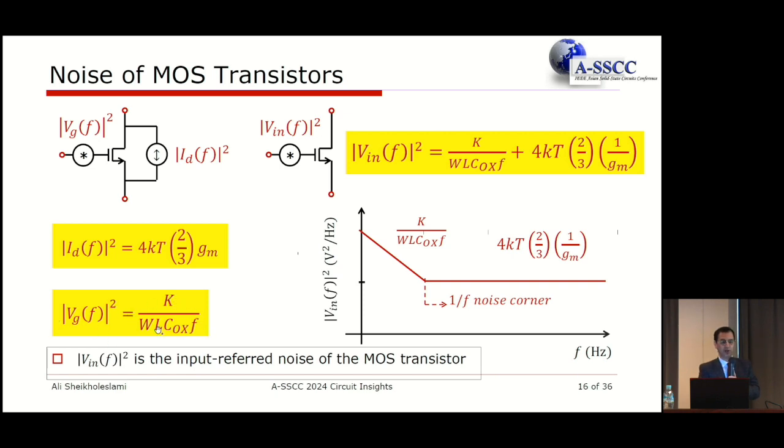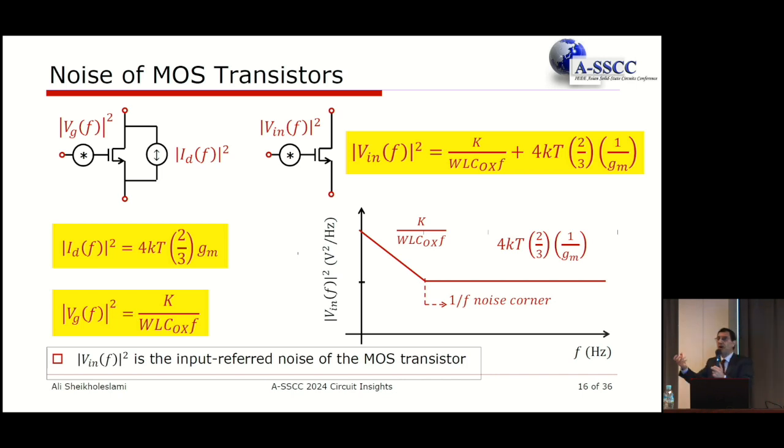Now, when you try to look at this, you can actually model it as a current source at the output and a voltage source at the input. But alternatively, you can decide to merge them together and look at what we call input-referred noise. Equivalently, you take all the noise and put it at the input, and then you imagine your transistor is noiseless. That is the ideal case that we like to do for analysis purposes at least.